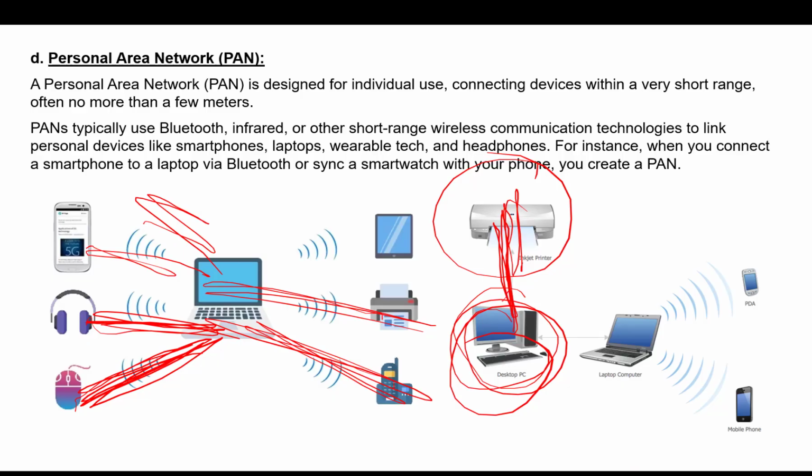So PAN means, as you see in the example here, we're talking about Bluetooth. If you use Bluetooth to Bluetooth, that is a personal connection. If you use infrared, most phones now don't have infrared, but Sony Ericsson before had infrared, a small light on the phone.